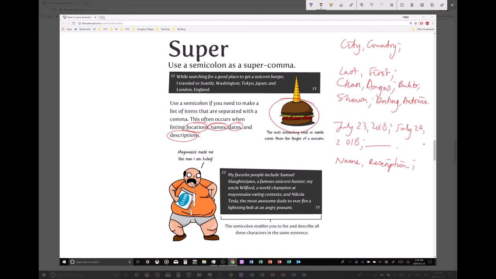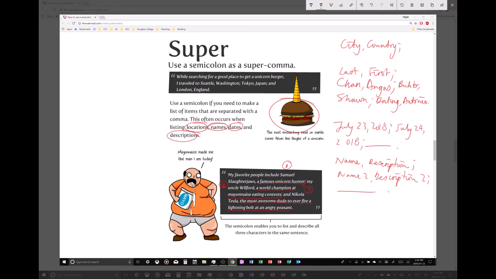And then you keep going. Name 2, description 2, and so on. So this reads, my favorite people include: 1. Samuel Slaughterjaws, a famous unicorn hunter; 2. My uncle Wilford, a world champion at mayonnaise eating contests; and 3. Nikola Tesla, the most awesome dude to ever fire a lightning bolt at an angry peasant.